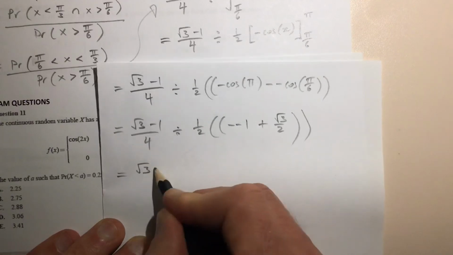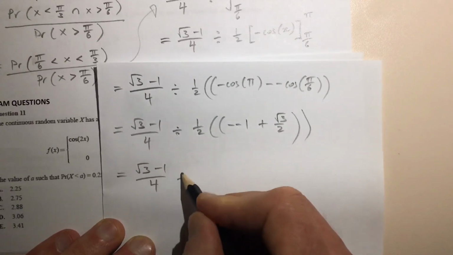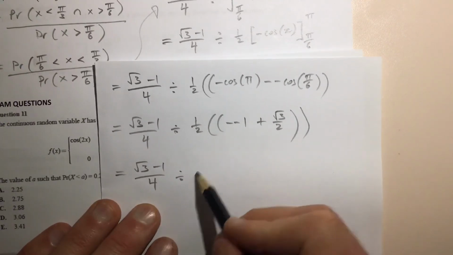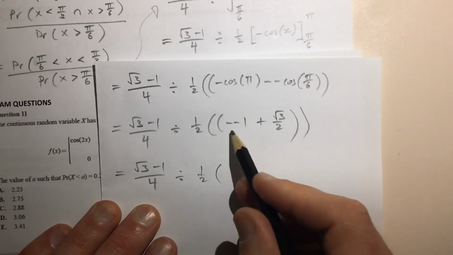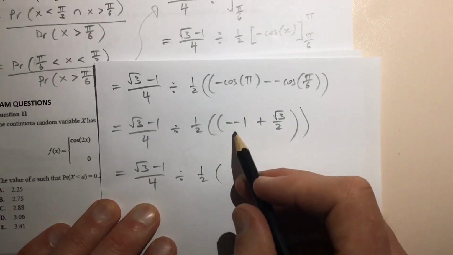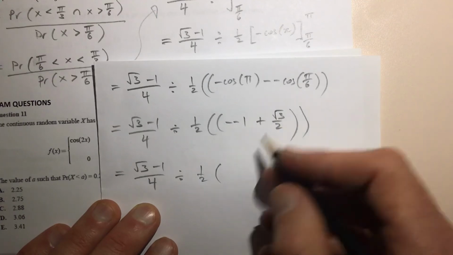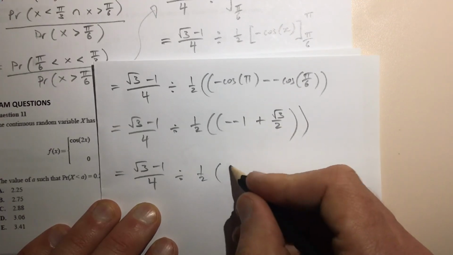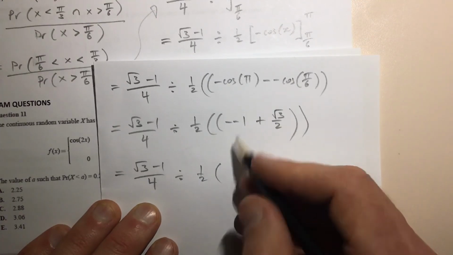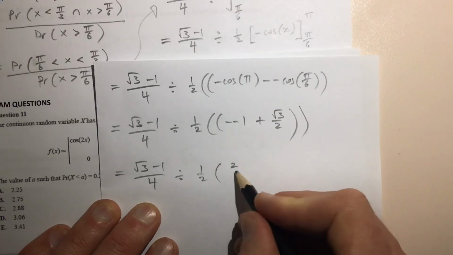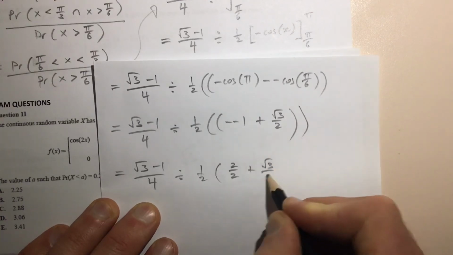And then it's just a matter of tidying this up as best we can. So we've got half times 1 plus root 3 on 2. Well actually, 1 plus root 3 on 2 is really 2 on 2 plus root 3 on 2.